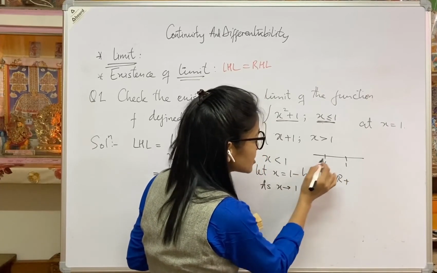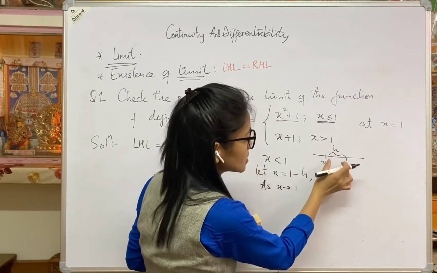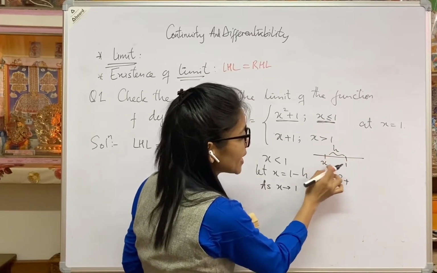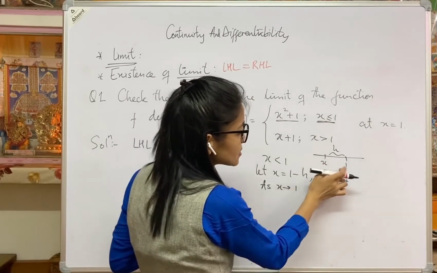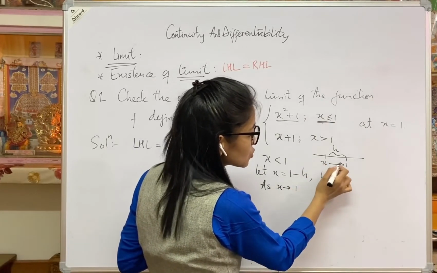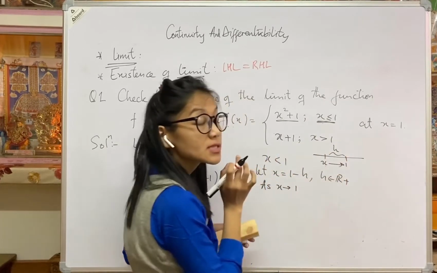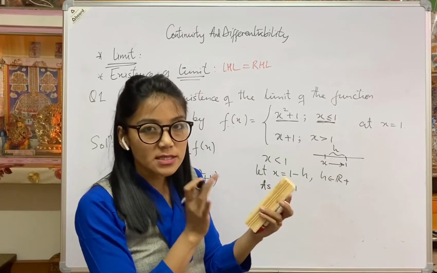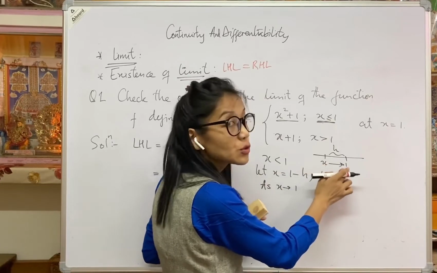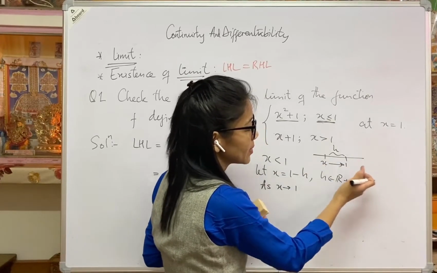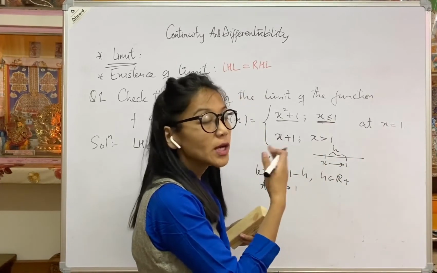Now what is this h? h is the difference or the length of the interval between x and 1, okay? So as x tends towards 1, what will happen to this interval h? It will decrease, right? So at most x can reach 1, but it will not cross 1 because x is always on the left hand side of 1.